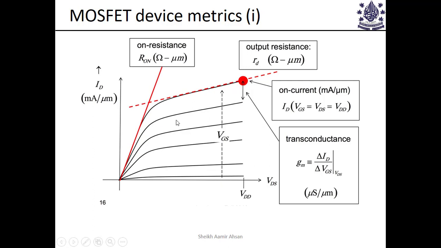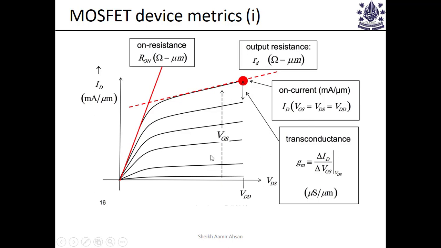Note that all these characteristics are for the highest applied gate to source voltage, which is given by VDD. And this current, which is the maximum current for maximum drain to source voltage and maximum gate to source voltage, is called the on current. All right, this is the on current of the device.